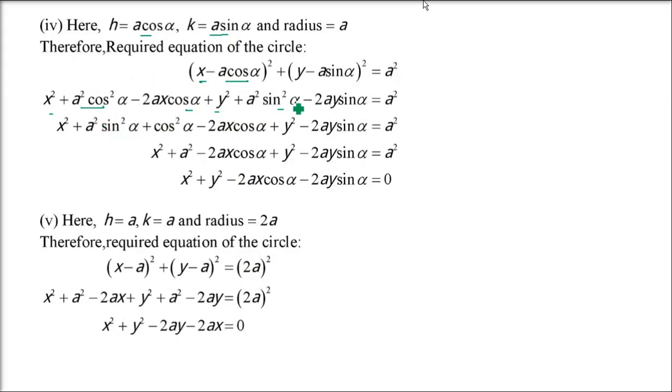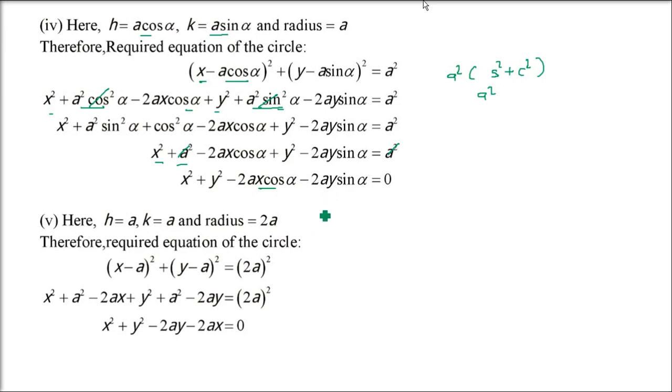Take a square common, so sin square plus cos square will be 1, so it will be a square. Then x square plus y square plus a square minus 2ax cos alpha minus 2ay sin alpha will remain. The a square you can cancel from left and right. This will be the final equation.